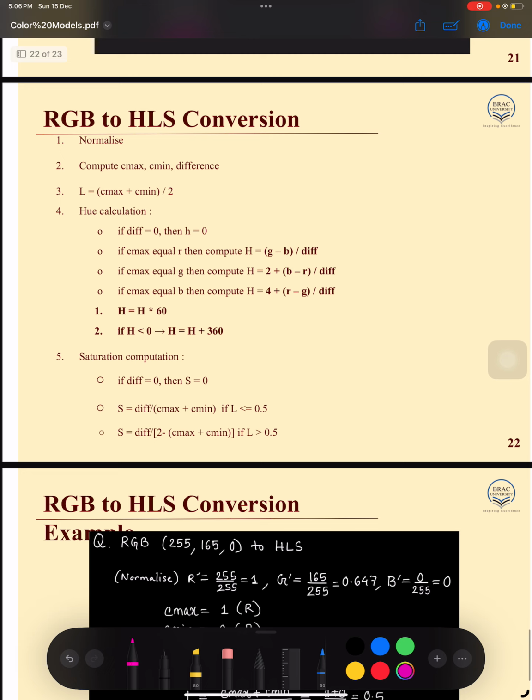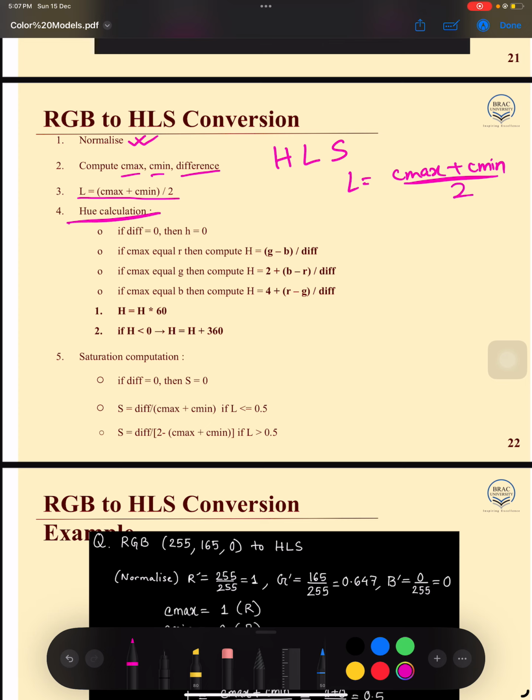For the given RGB values, if they are not given scaled, we will of course scale them first, compute Cmax, Cmin, and the difference, and now we will calculate the three parameters, which are H, L, and S. In order to find L, it's basically just taking the average of Cmax and Cmin, which is Cmax plus Cmin divided by 2.